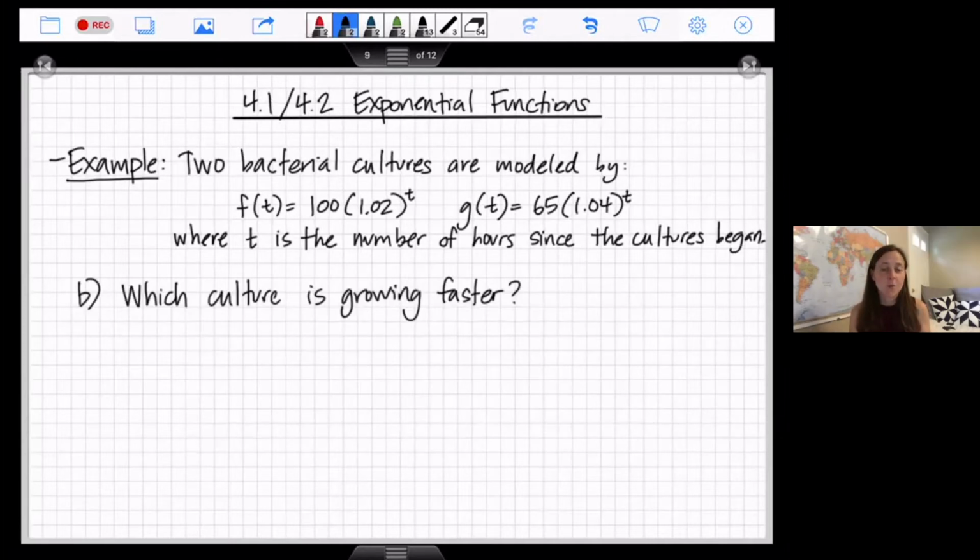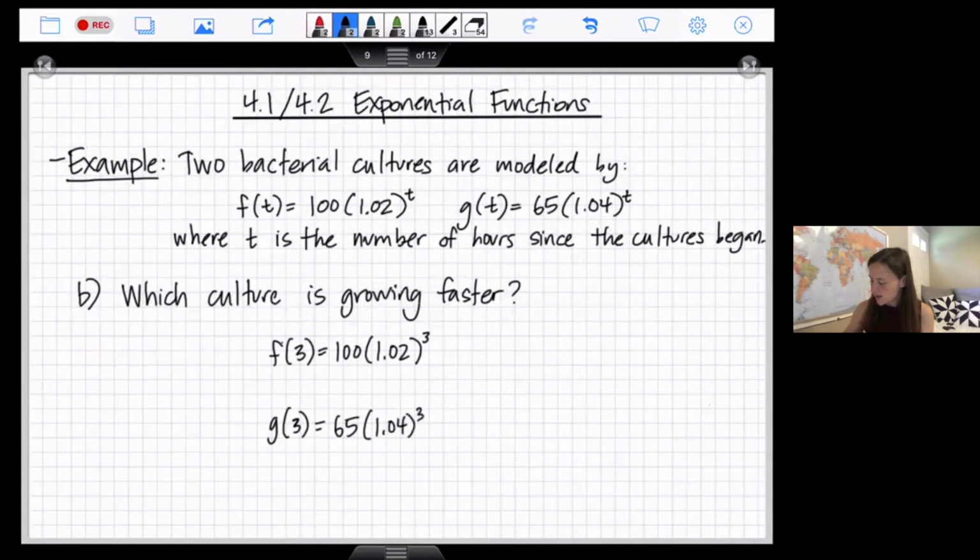Second question: which culture is growing faster? To figure this out, let's think about something easy like t equals 3. If I plug in f of 3, we get 100 times 1.02 cubed, and g of 3 is 65 times 1.04 cubed. Think about what that means.